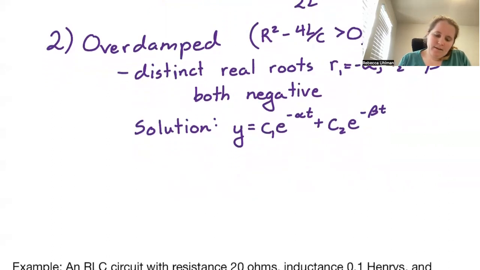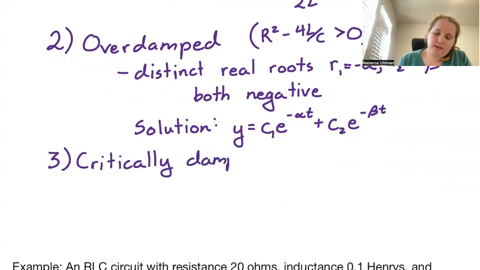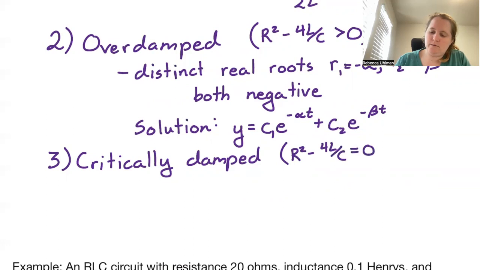Our third case is critically damped. Just like with our free spring mass system, this occurs when R squared minus 4L over C equals 0.